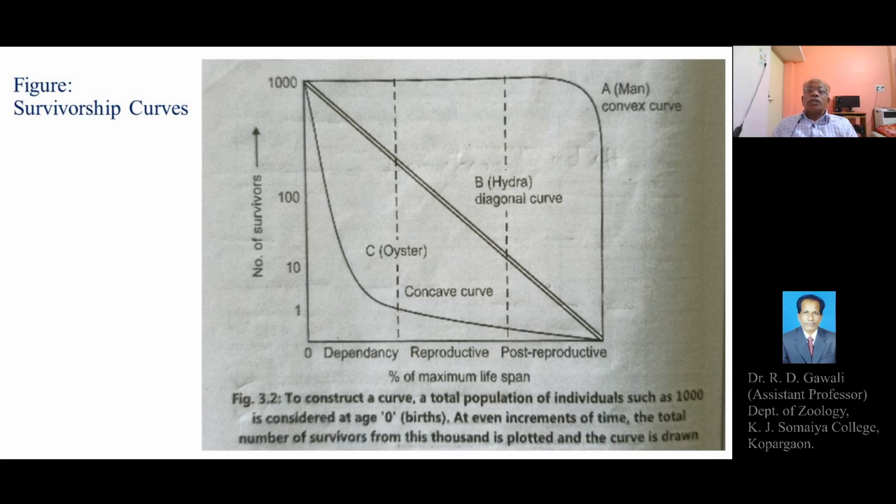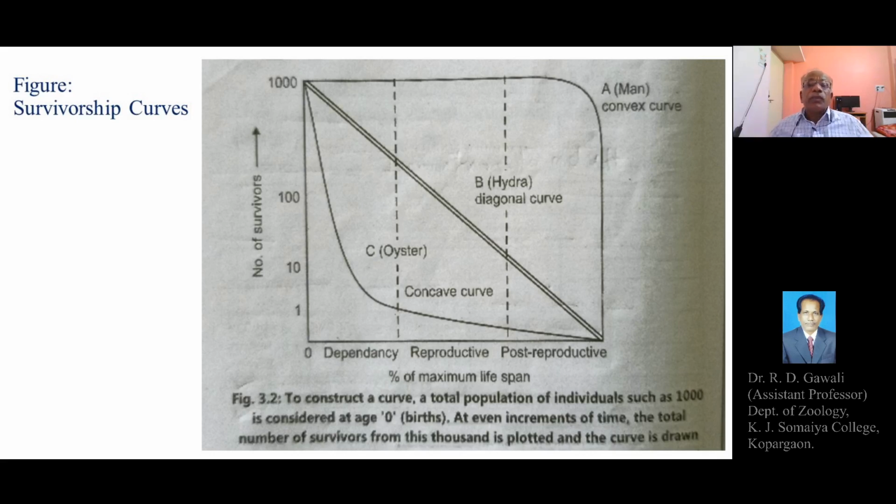For example, oysters or fishes. In the case of fishes or oysters, millions of eggs are spawned, but out of which only hundreds of eggs can hatch or develop into new organisms, and few of which can then survive up to their expected lifespan.